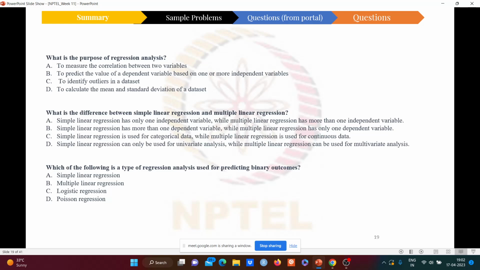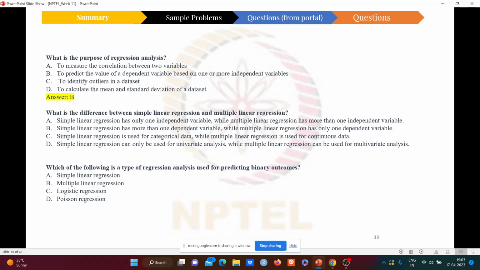What is the purpose of a regression analysis? Yes, it is B. In a regression analysis, we try to predict the value of a dependent variable based on one or more independent variables.